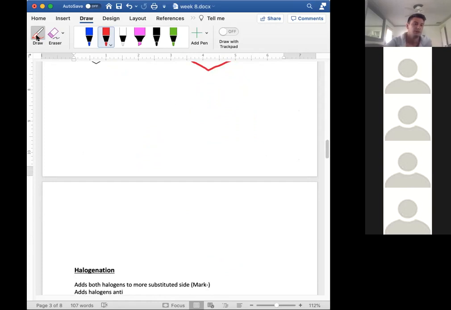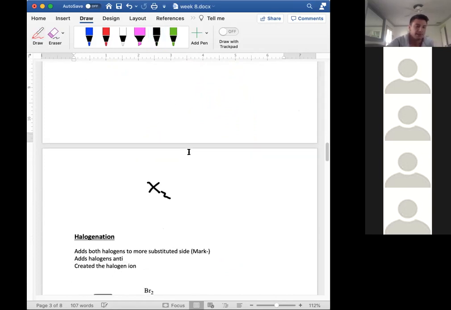So halogenation. Kind of in the name, can somebody tell me what they think the reagent's going to look like? We had hydrohalogenation before, which was a halogen with a hydrogen. What will this one look like? Yeah. So it will be a diatomic halogen.